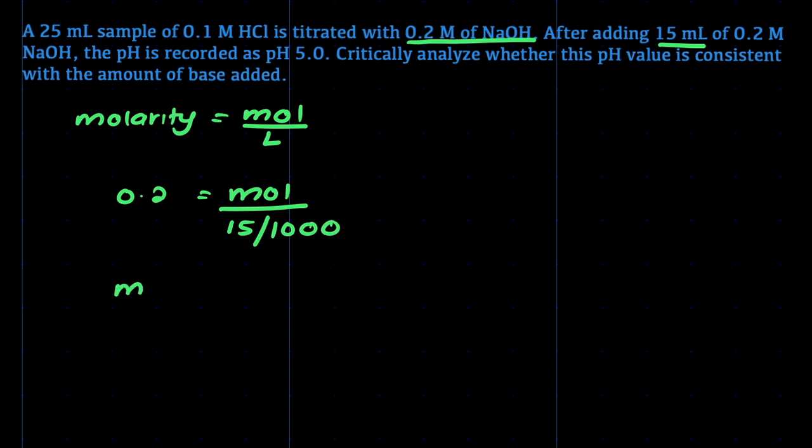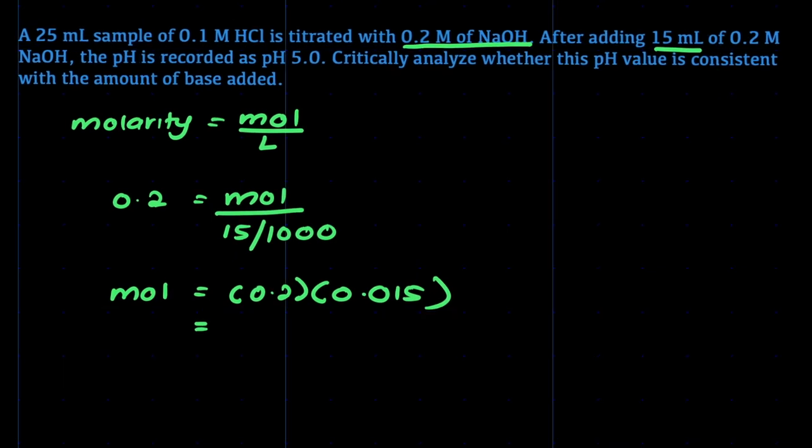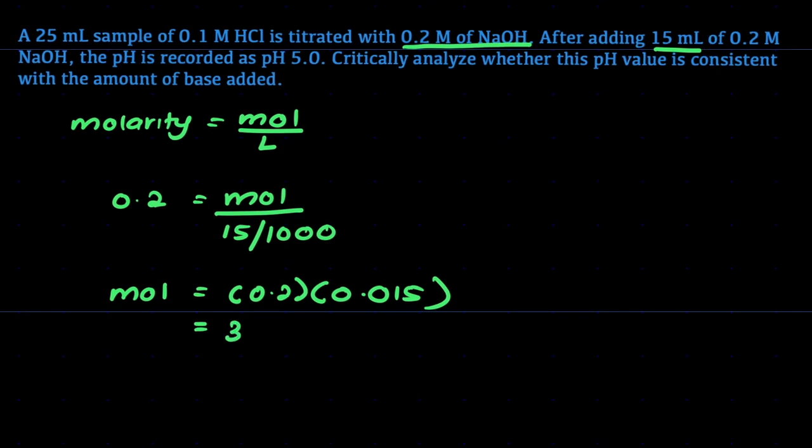So the number of moles for your NaOH is equivalent to 0.2, which is the molarity, times 0.015. So you will get the number of moles for NaOH as 3 times 10 to the power of negative 3 mole of NaOH.